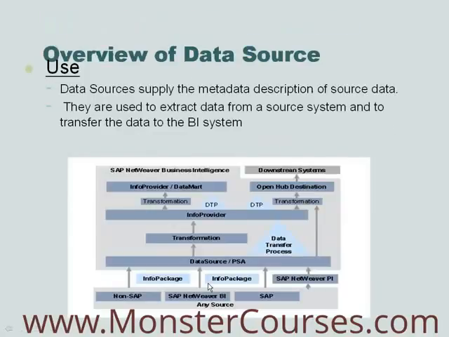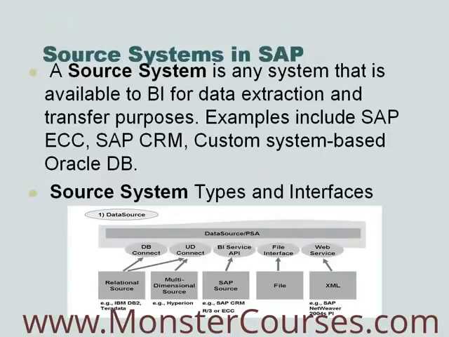So look at this, what is a source system and all these objects. What is a source system? A source system is any system available to BI for data extraction. Like when you want to access SAP ECC data, CRM data, Oracle data, they must have separate source systems. For example, when you want to access relational source data, like IBM DB2 or Teradata, we use DB Connect.